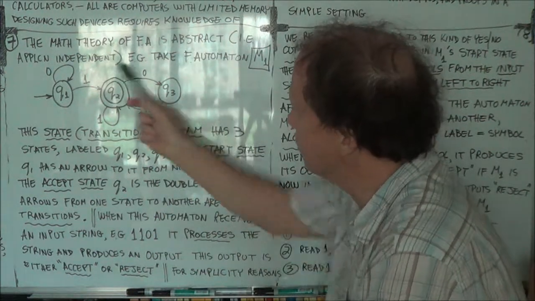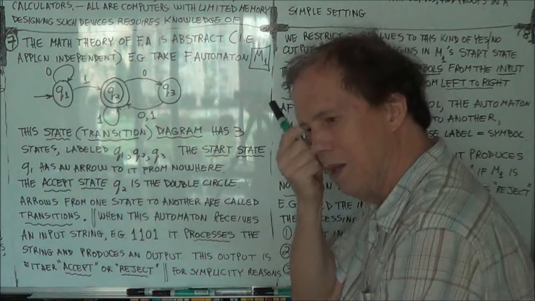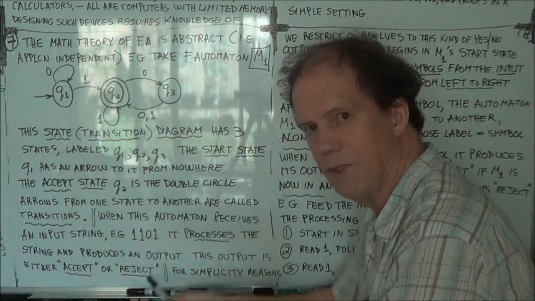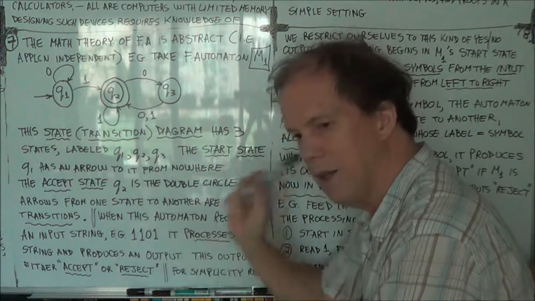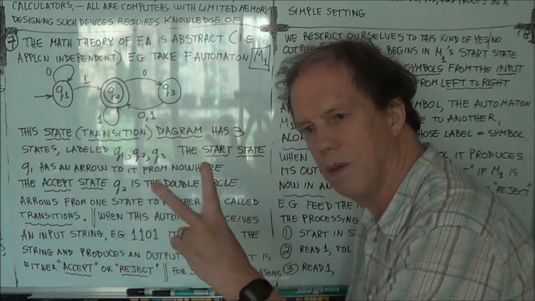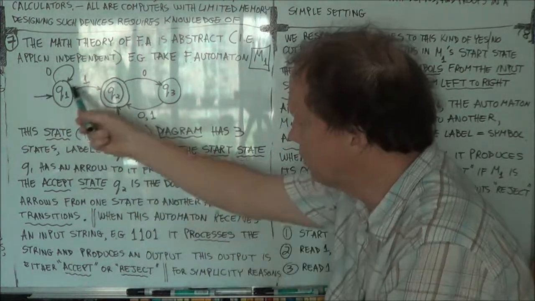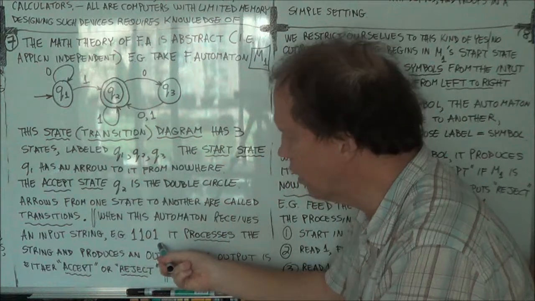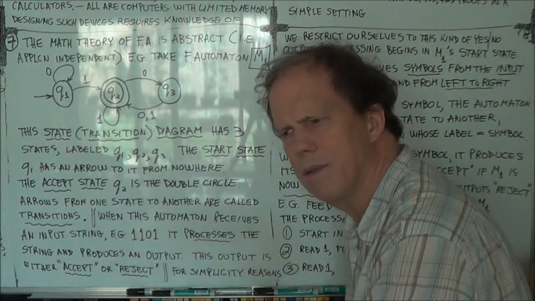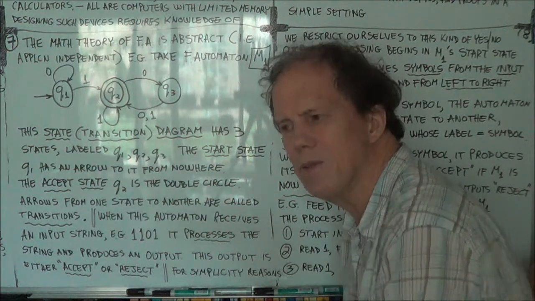So this automaton, what does it do? It processes an input stream, and then once it's finished processing it, it outputs a decision, and the decision is of two kinds. Either the automaton accepts this string, or it rejects this string. And you may ask, for what reason? On what basis? Why?